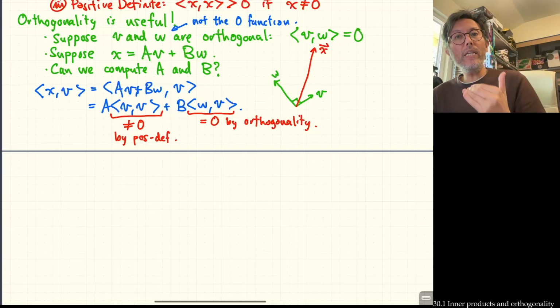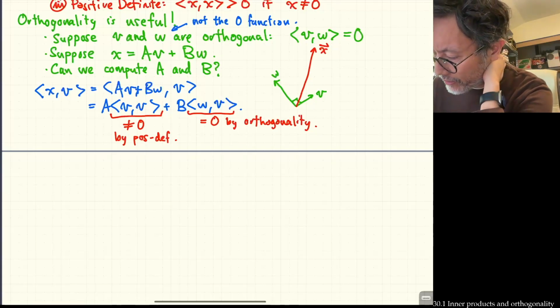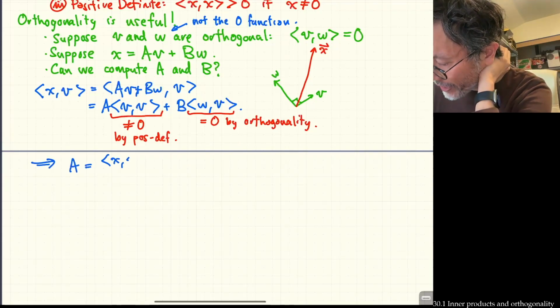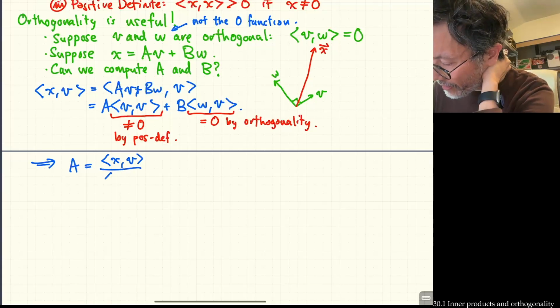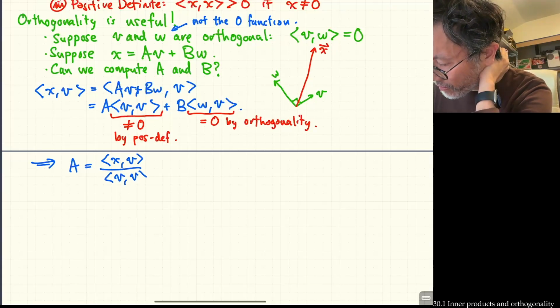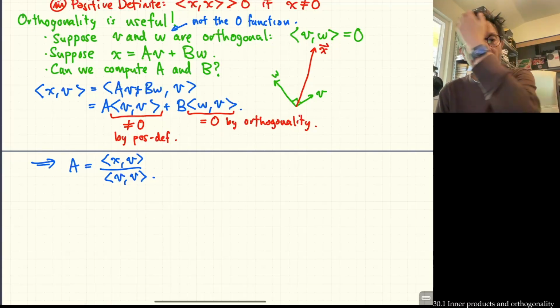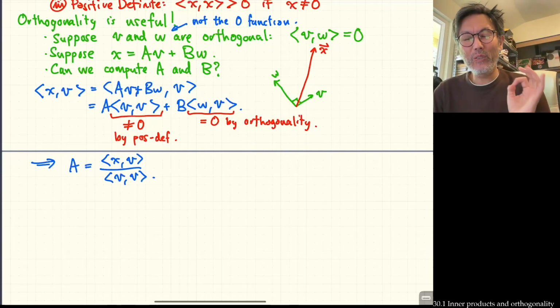So what that means is that we can figure out what a is. The conclusion is that a is equal to the inner product of x with v divided by the inner product of v with v. Very, very, very useful, this.